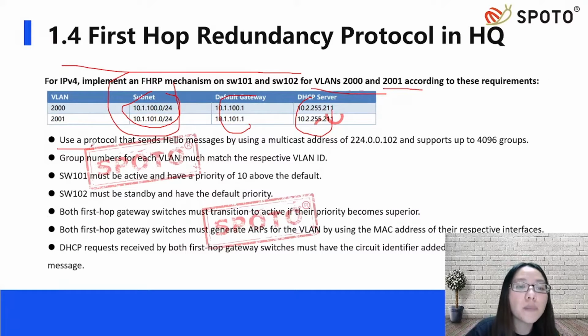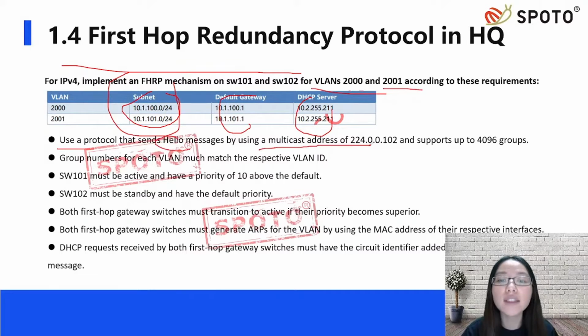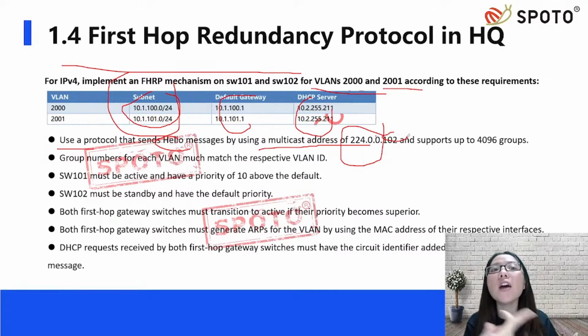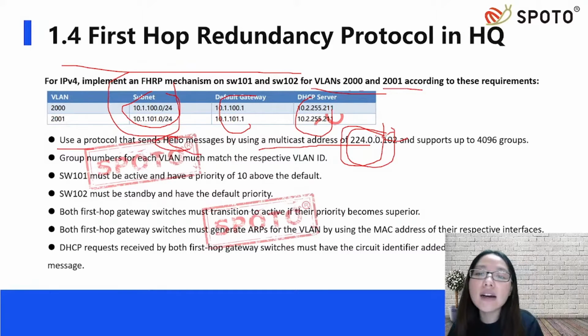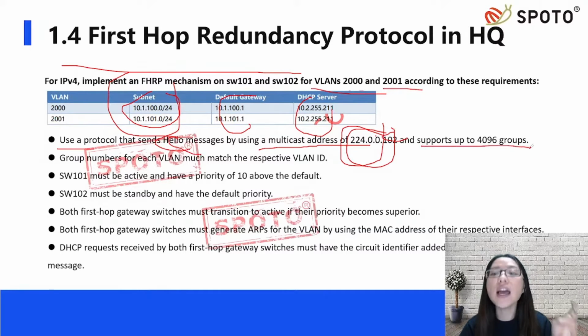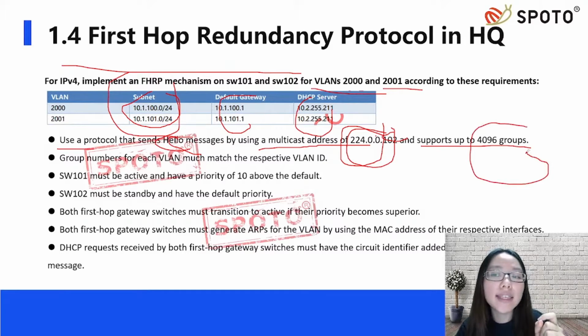First, use the protocol that sends hello messages using this multicast address, 224.0.0.102. Among HSRP, VRRP, and GLBP, which FHRP protocol uses this multicast address for its hello messages, and can also support up to 4096 groups?